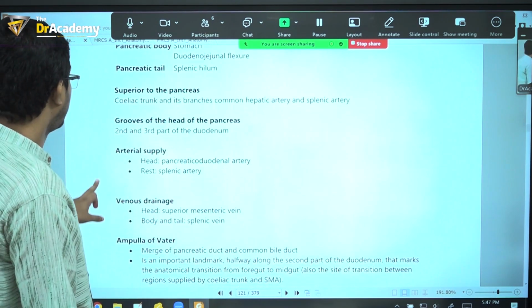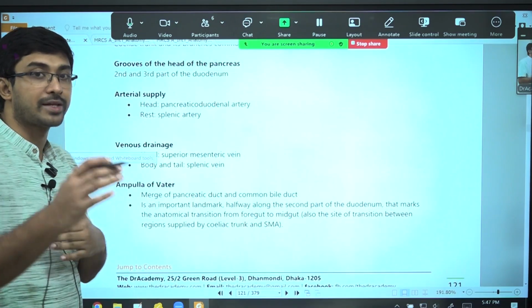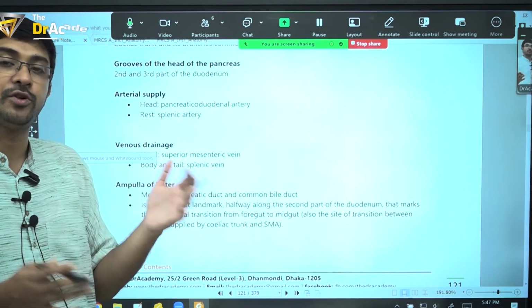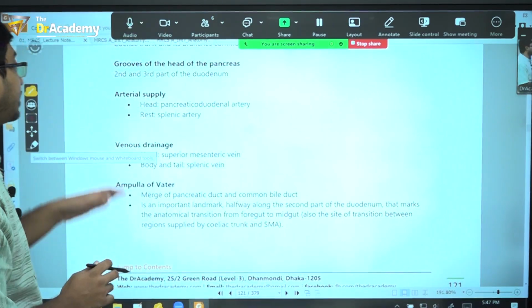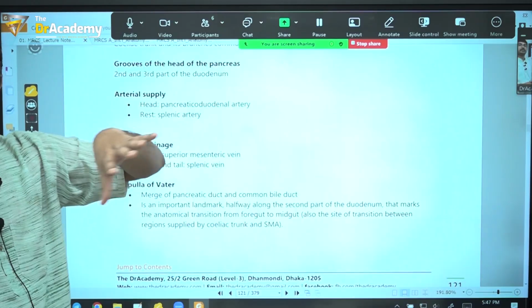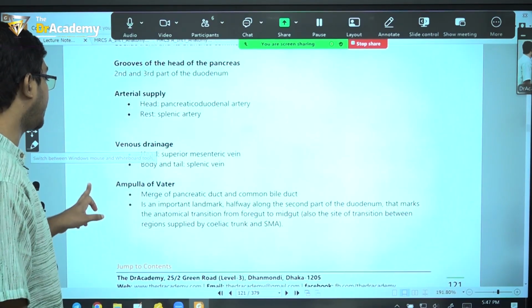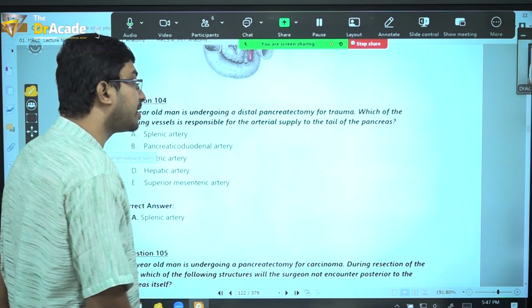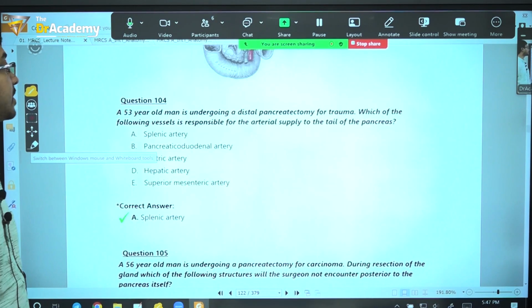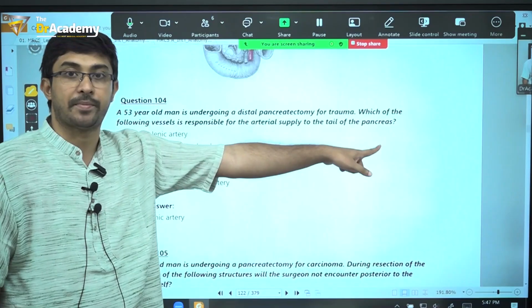Arterial supply to the head is from the superior and inferior pancreaticoduodenal arteries. The superior pancreaticoduodenal artery comes from the gastroduodenal artery, and the inferior comes from the superior mesenteric artery. The rest of the pancreas is supplied by branches of the splenic artery. Now the question: a 53-year-old man is undergoing a distal pancreatectomy for trauma. Which of the following vessels is responsible for the arterial supply to the tail of the pancreas?